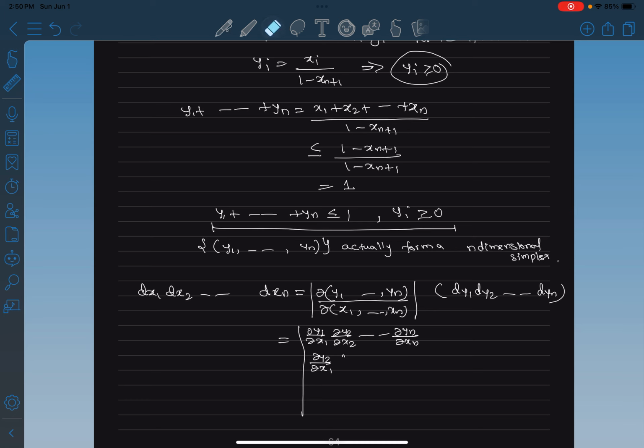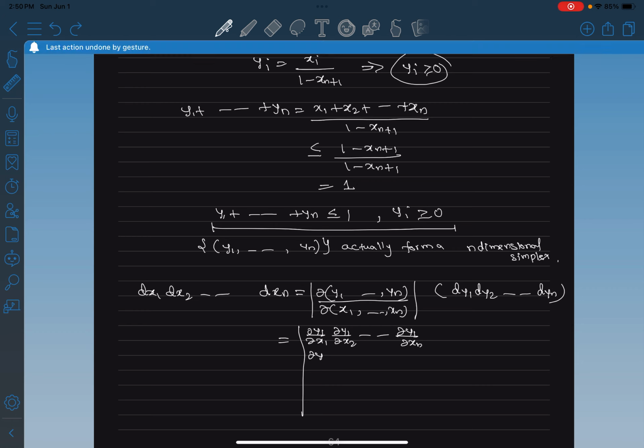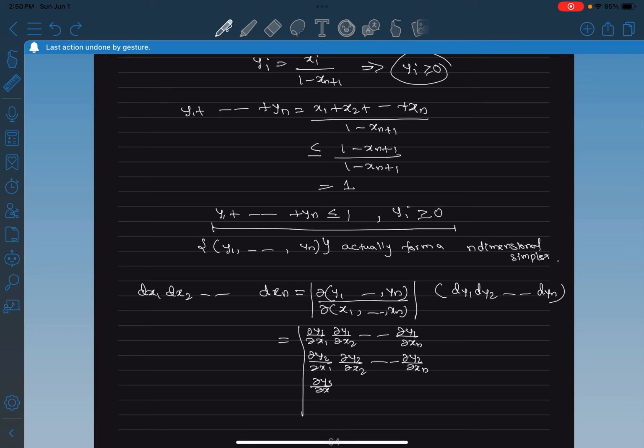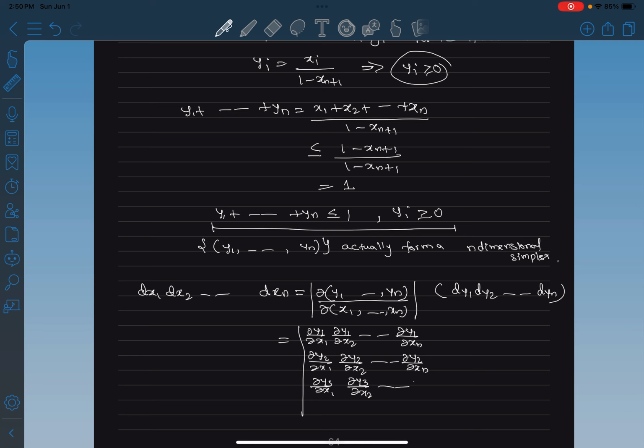Actually, no, I'm sorry, what I'm writing. First of all, for y1, there will be all the x's, right? And then for y2, there will be all the x's again. Again, for y3, there will be all the x's from 1 to n, right?